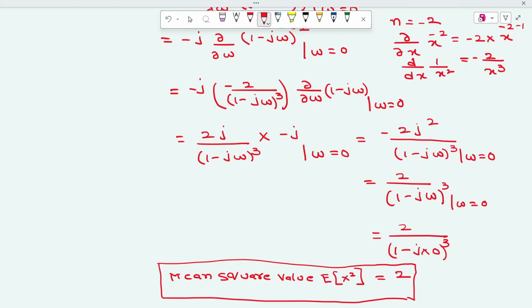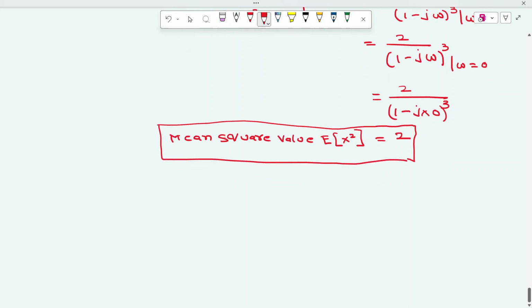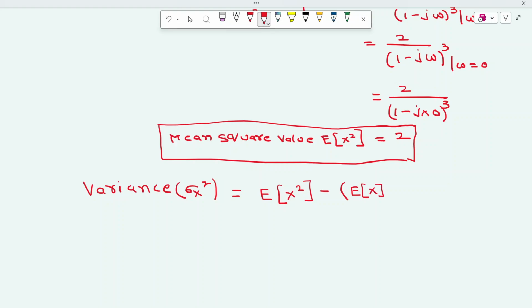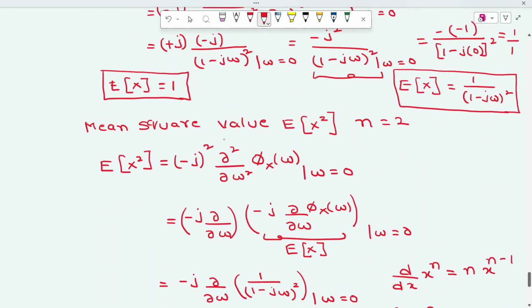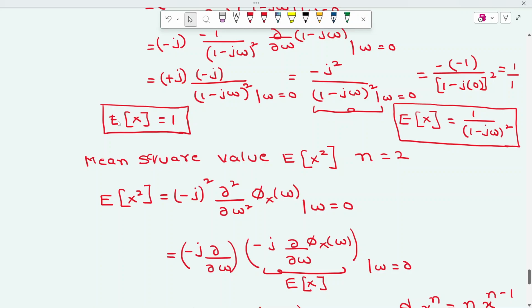Now in the problem we were asked to find the variance also. Variance is denoted with sigma x square. Its expression is expectation of x square minus (expectation of x) whole square. We found expectation of x square, and we also found expectation of x, which is 1.